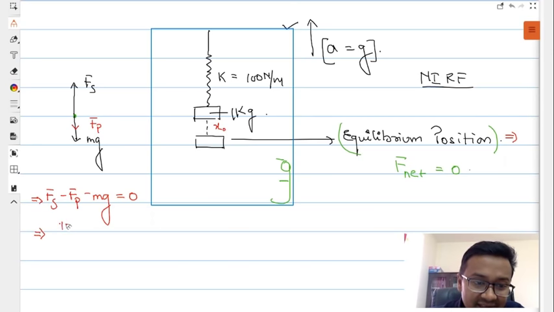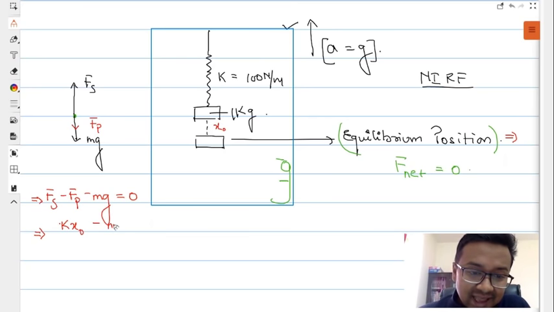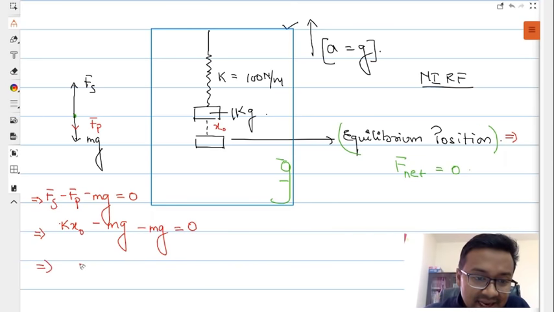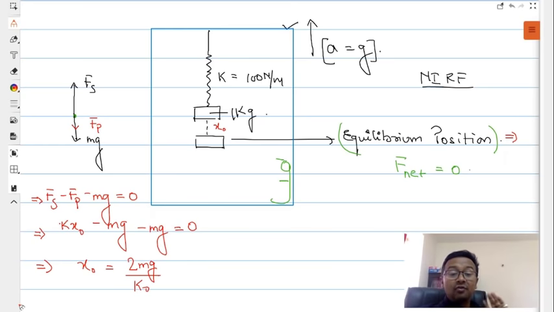So I can write kx naught minus the pseudo force. The pseudo force is going to be the mass of the body being observed, m, into the acceleration of the accelerating frame, minus mg is equal to 0. Then I'll get the value of x naught as 2mg upon k.